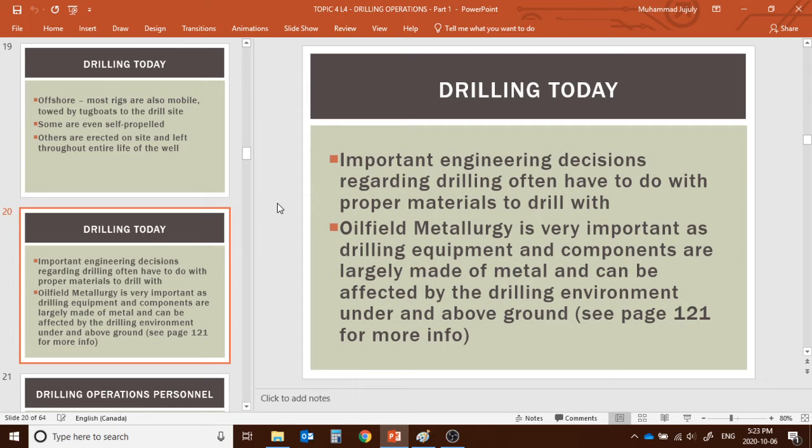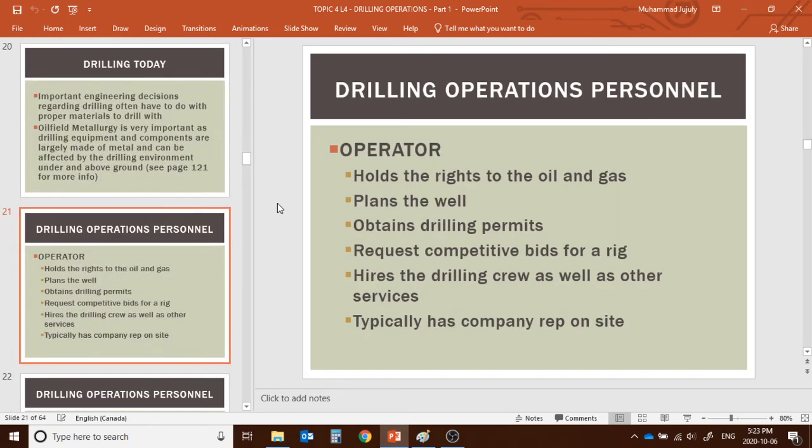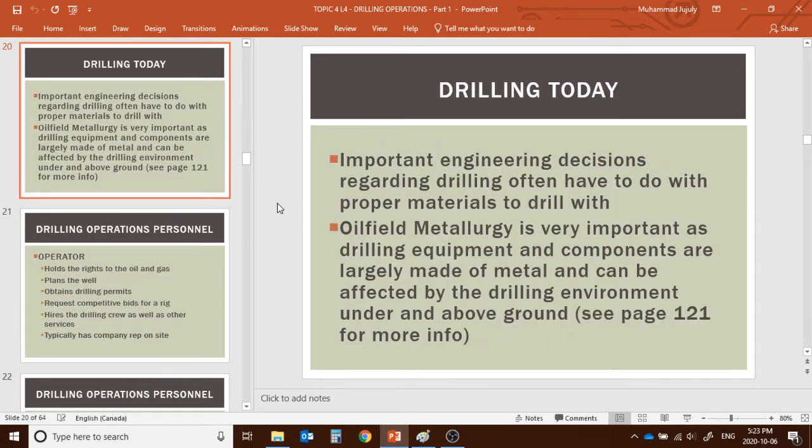Based on that, you'll select the material which has more yield or tensile strength, the hardness and the toughness of the material. Those are very important. If you are more interested, please go to page number 121 of our textbook, refer to the textbook, and you'll find more information on that.